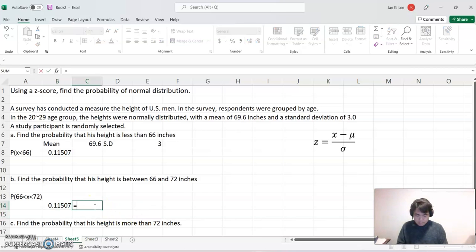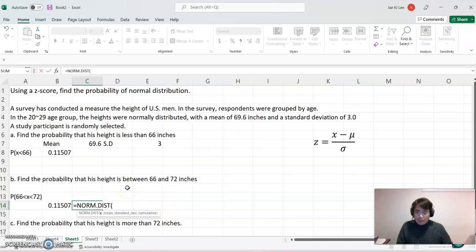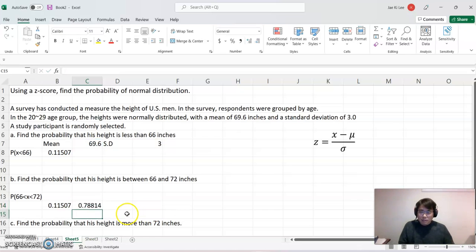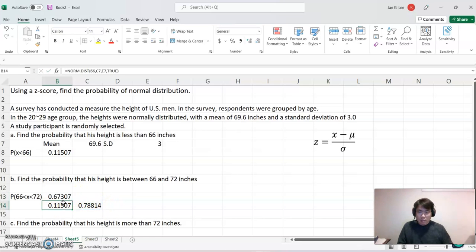Then the other one, norm distribution, 72 comma, 69.6 comma, the standard deviation 3 comma, cumulative true, and enter. As I told you, we subtract the smaller value from the bigger value, so this value equals the bigger amount minus the smaller one. That should be the answer for this problem. So far so good? Otherwise you can rewind this video and keep watching.